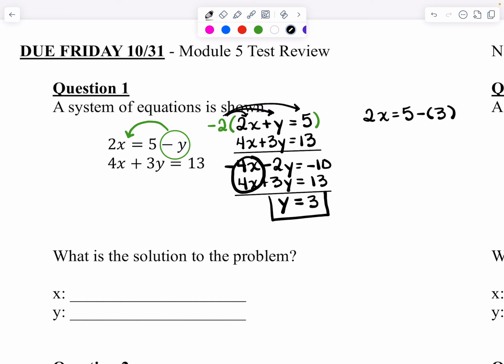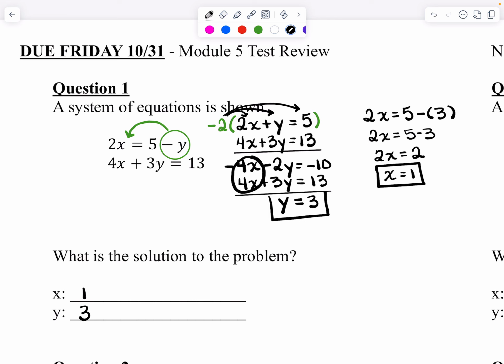Now I don't have any multiplication that I have to simplify. So I have 2x equals 5 minus 3. So that gives me 2x equals 2. Divide both sides by 2, and I get x equals 1. So my x value is 1.